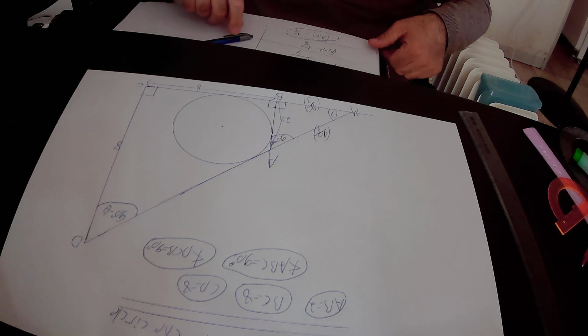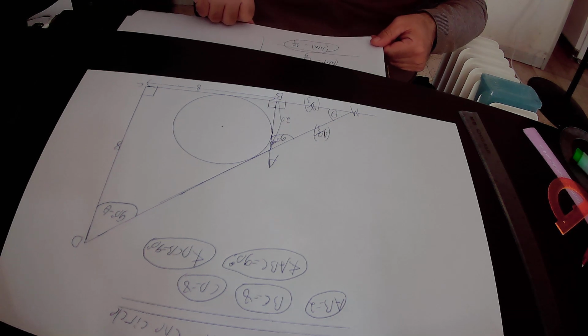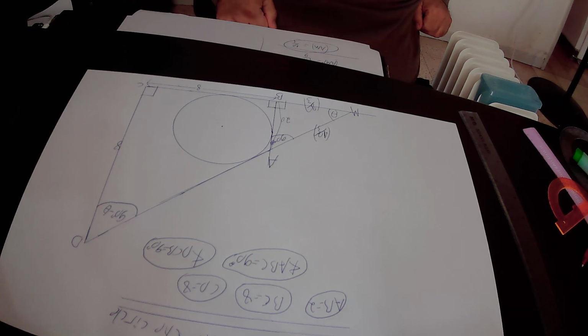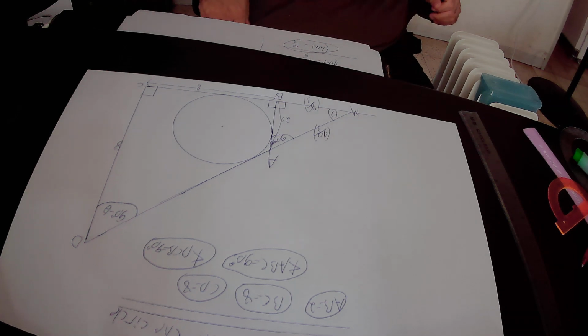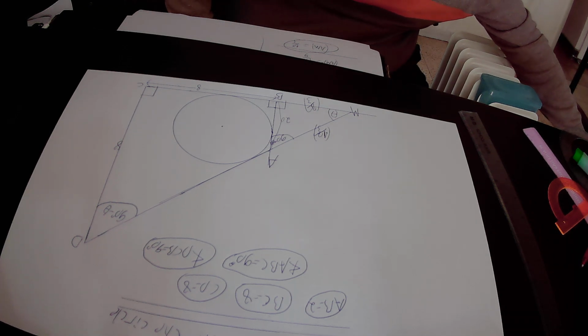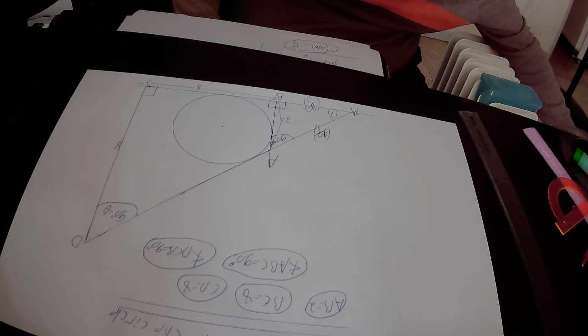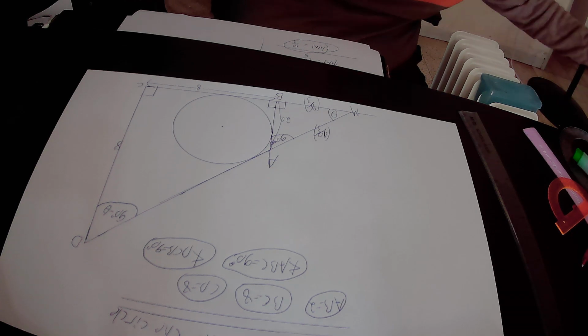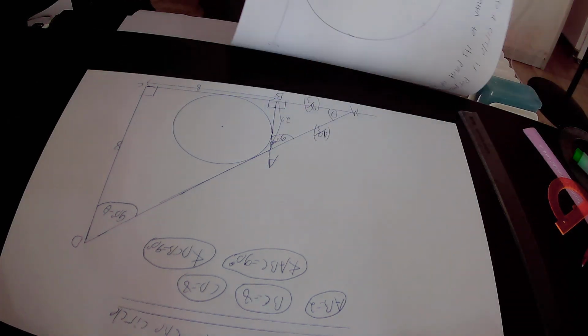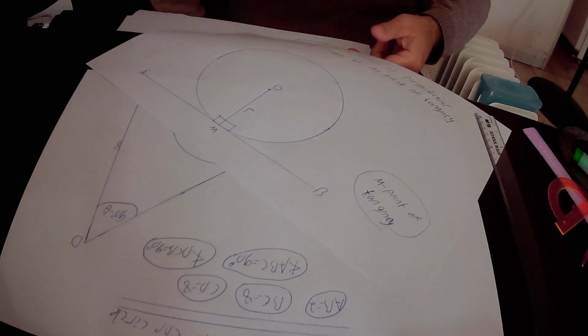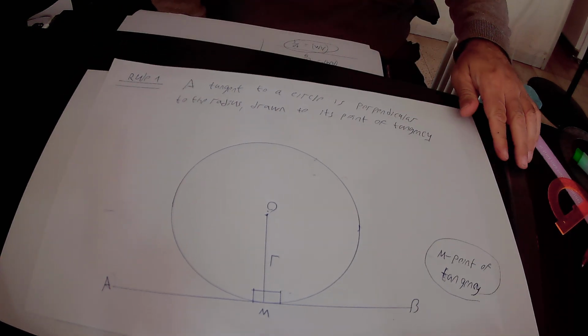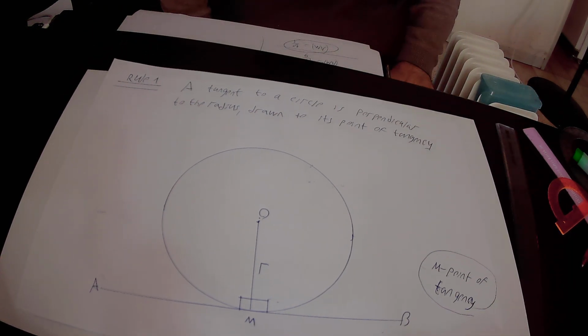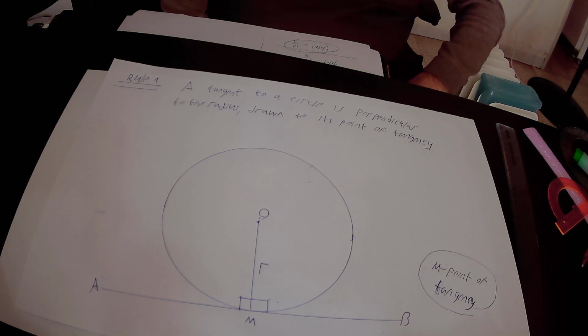In the next step, I present to you a new rule, and we'll implement it in our drawing. According to rule number 1, a tangent to a circle is perpendicular to the radius drawn to its point of tangency.